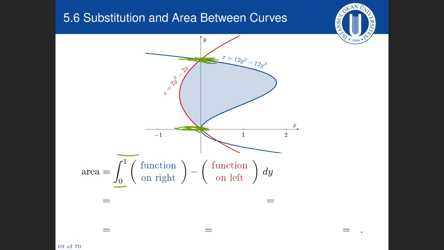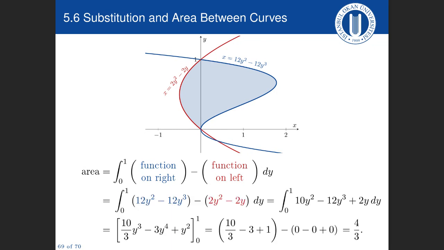And then it's going to be function on the right minus function on the left. The function on the right is 12y squared minus 12y cubed. And the function on the left is 2y squared minus 2y. If you check all the details for me, hopefully this is correct. Please check that the answer is 4 over 3.